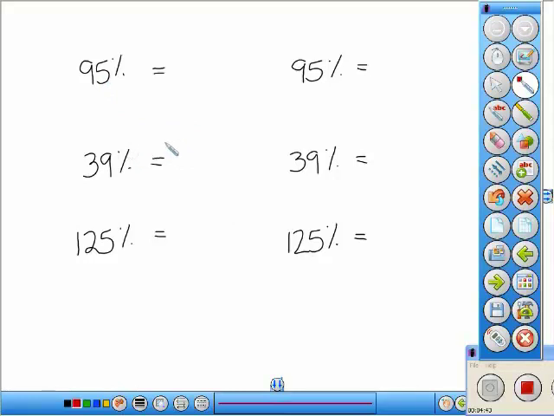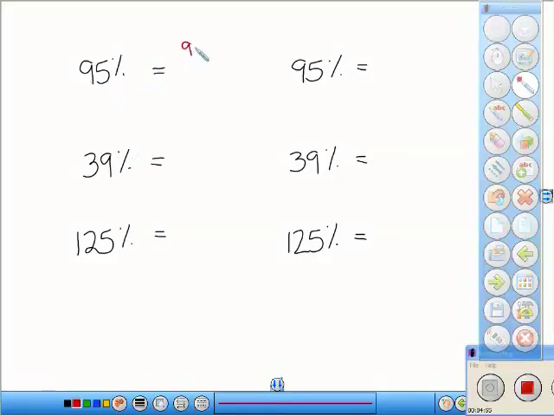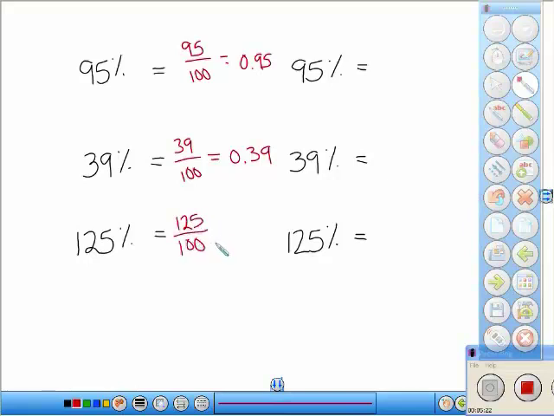I could take it and put it into a fraction, then a decimal. 95% is 95 over 100, which can be written as 0.95. 39% is the same as 39 over 100, 39 hundredths, which can also be written as a decimal, 0.39, because that's 39 out to the hundredths place. 125%, well, that's 125 over 100, which would then be written as 1.25, okay?